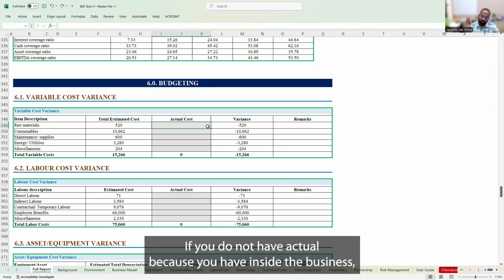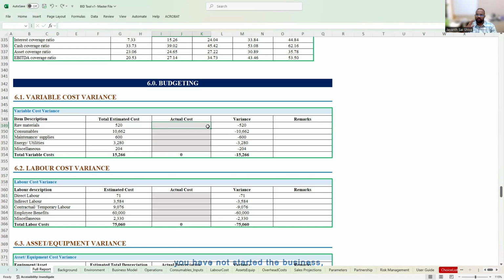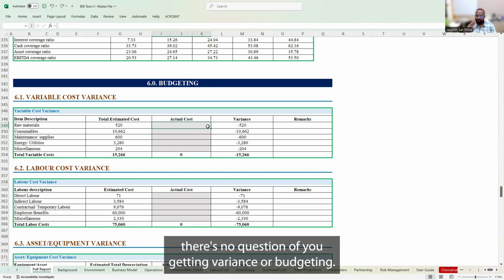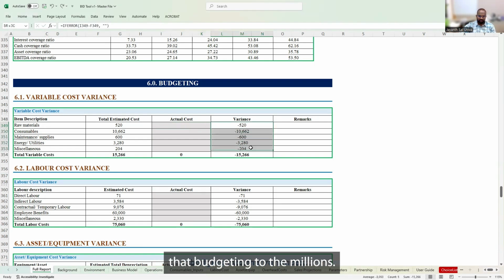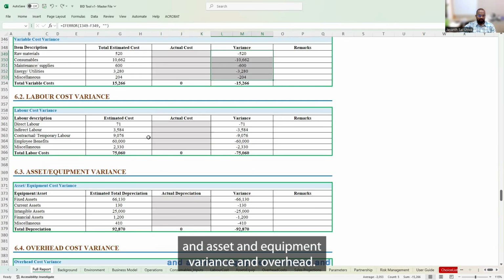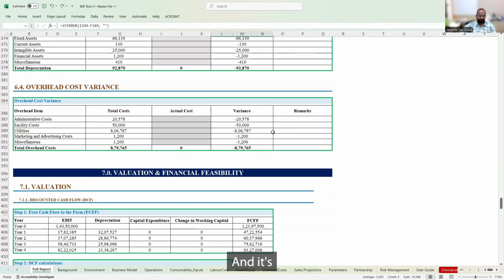If you don't have actual because you haven't started the business, there's no question of you getting variance or budgeting. But for established businesses, they can actually compare their budgets and see the variances. We have variable cost variance, labor cost variance, and asset and equipment variance and overhead variance.